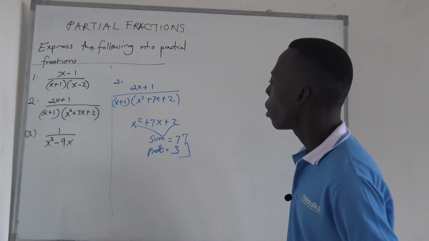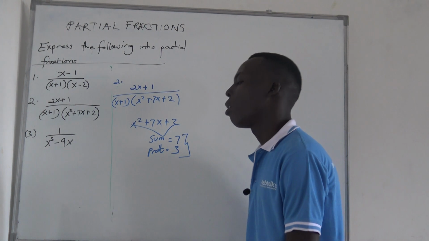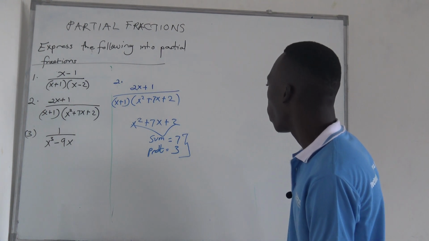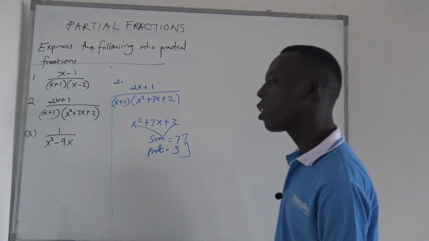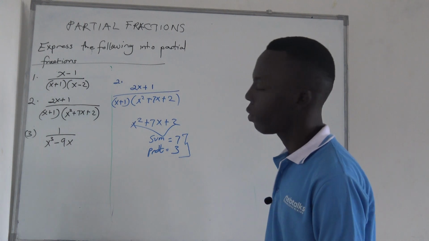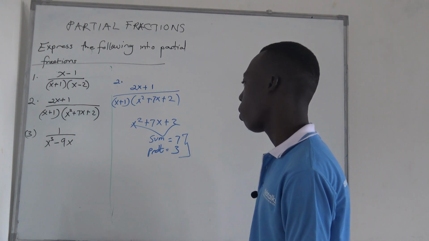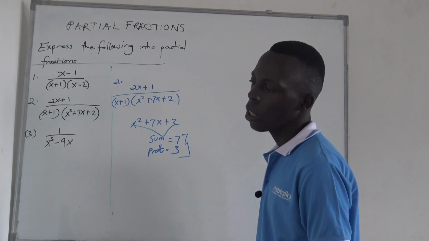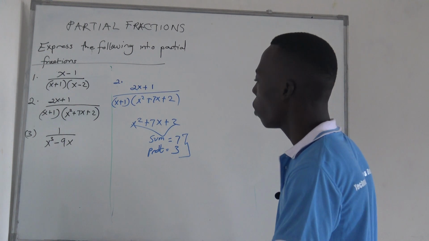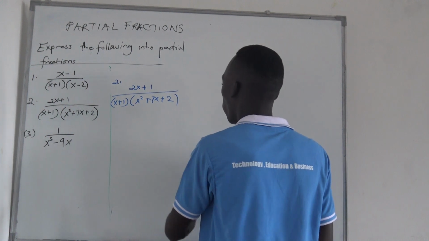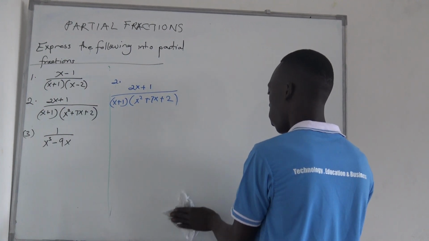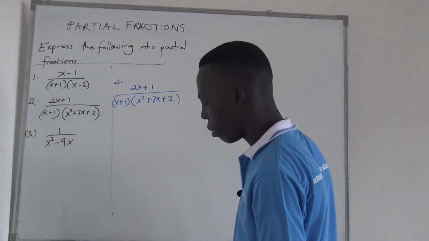Also, we find that 3 plus 4 is 7, but also 3 times 4 is not 3. So from there you have to conclude that it is not there. So you're going to take it the way it is, since it has no factors.